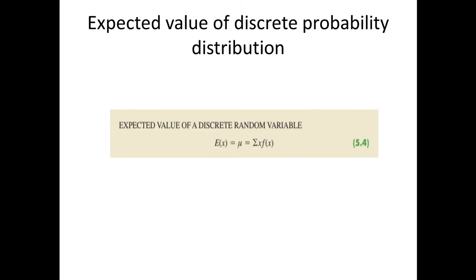And the expected value is quite straightforward to compute. So the expected value for a discrete random distribution, you can call it E of x or mu. Both notations are used widely, but it's given by this summation of x times f of x.